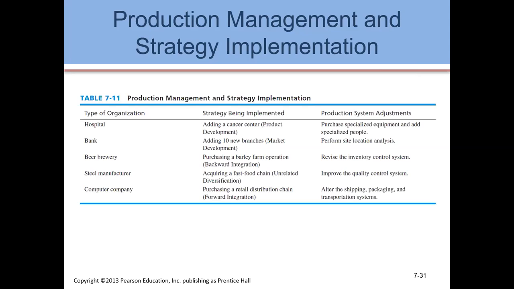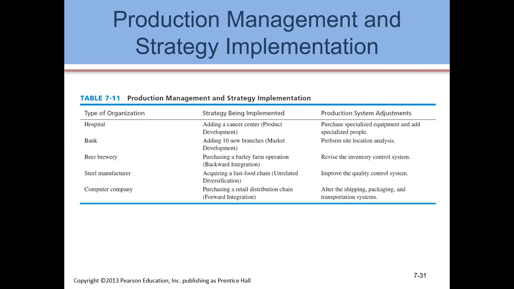And the production system adjustments according to this strategy would be to purchase specialized equipment and add specialized people. So that is the implementation concern in relation with the product development strategy of a hospital. When we are looking at the bank, suppose the strategy being implemented is adding 10 new branches, which is related to the market development. And for that, the execution aspect would be related to performing site location analysis.